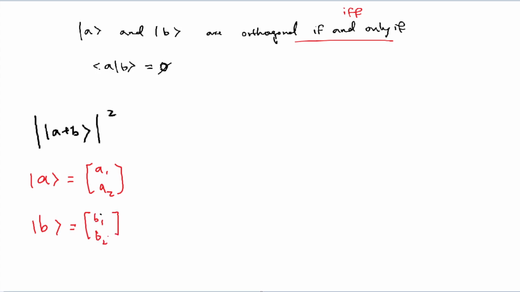Now, in that sense, and this is just using two terms, not to be too complicated here, if we add them together, what we end up with is something similar to this: A1 plus B1, and then A2 plus B2. So far it's quite straightforward.